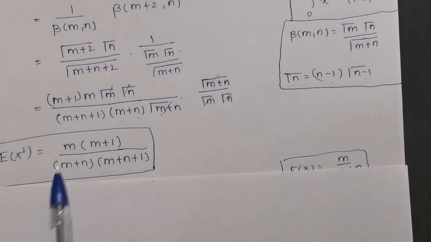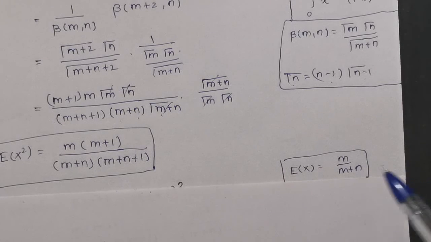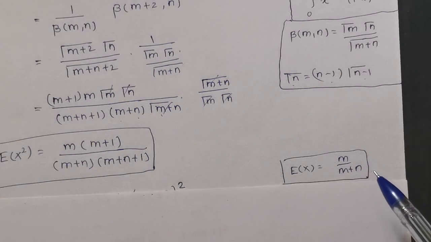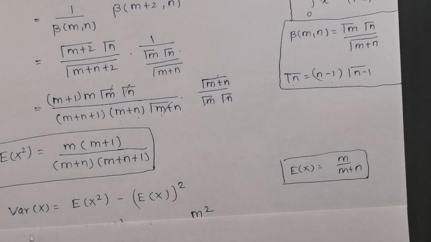And we know that the expected value of x is m upon m plus n. So the variance of x is equal to the expected value of x square minus the expected value of x whole square.